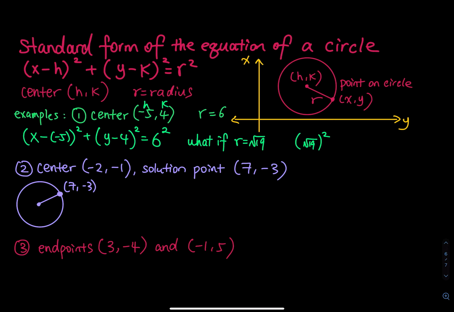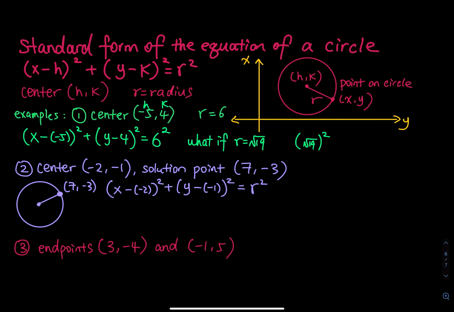Okay, let's write the standard form. We have (x minus h), which is x minus negative 2, squared, plus (y minus k), which is y minus negative 1, squared, equals r squared, right? But we do not know what the radius is. Now, how do you find out what the radius equals?